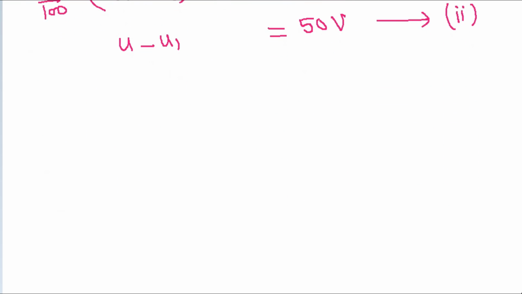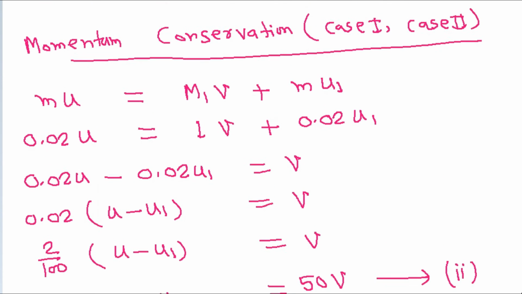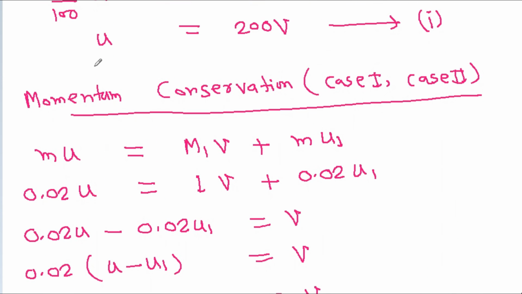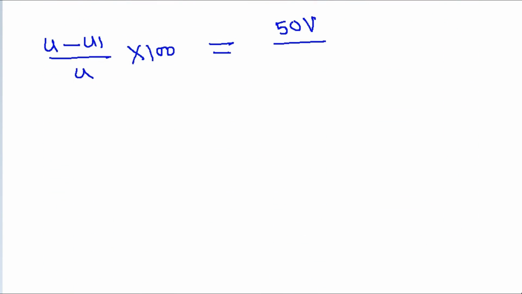And we have to find the value of (u minus u1) by u into 100, and u minus u1 is 50v, and u is 200v, into 100. 50v times 4 is 200v, and 4 times 25 is 100.